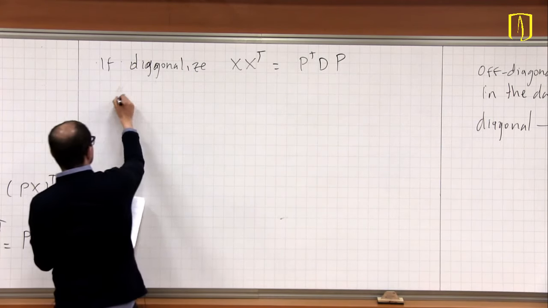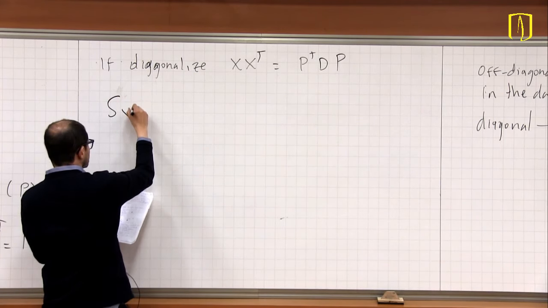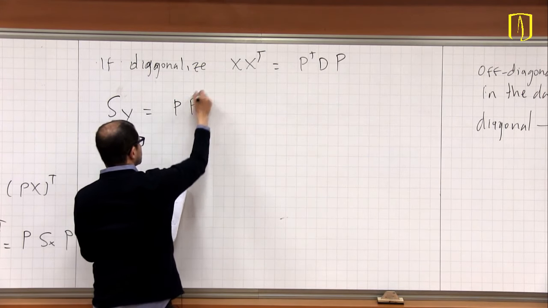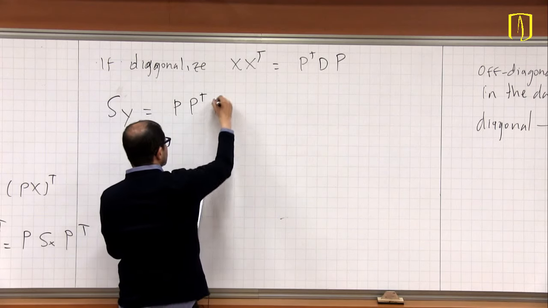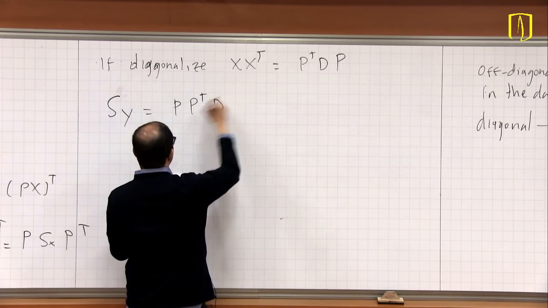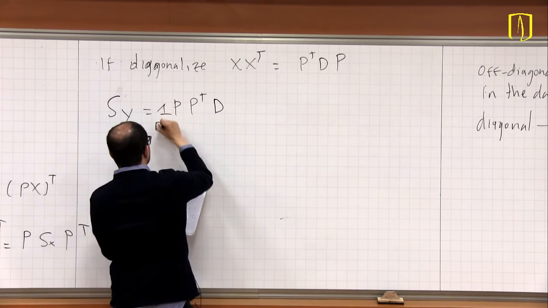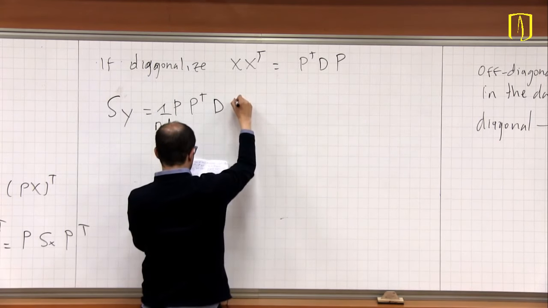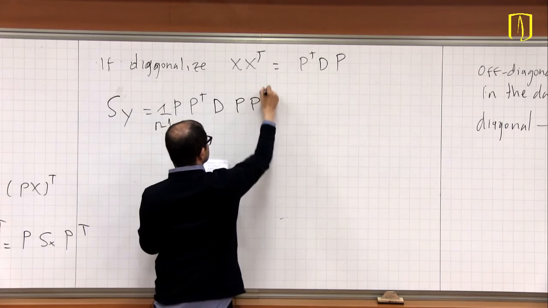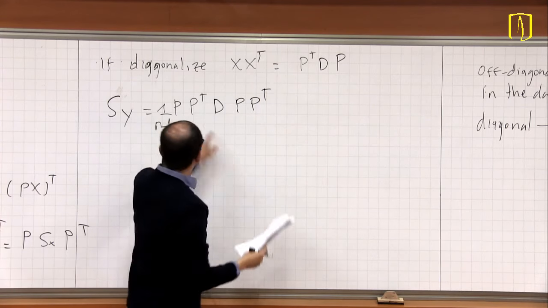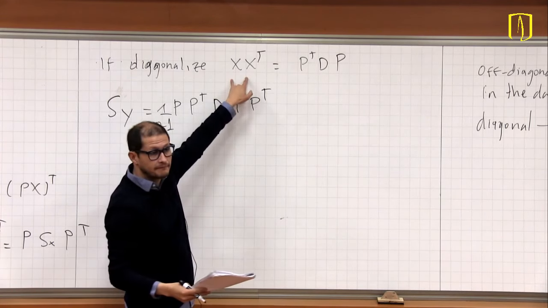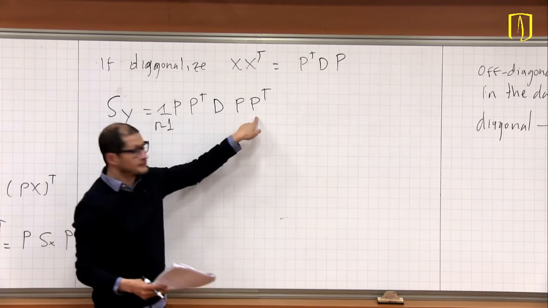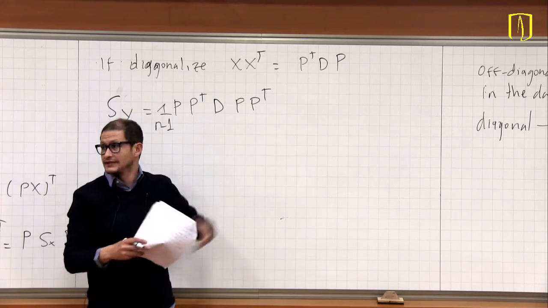So we can write S_Y as P times P transpose D, times 1 over n minus 1, times P P transpose. Since this matrix is symmetric, P times P transpose is the identity.